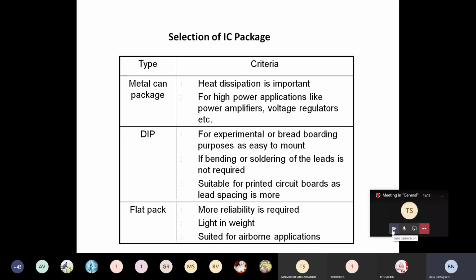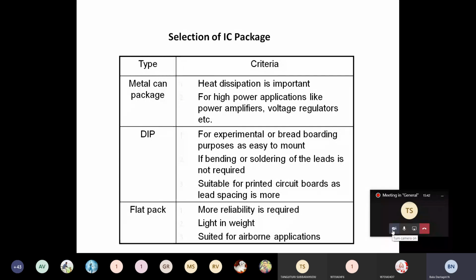The next one is DIP, the dual inline package, for the ICs which we will be using for experimental or breadboard purposes. Why? Because this type of packaging helps us easily mount the ICs on the breadboard.